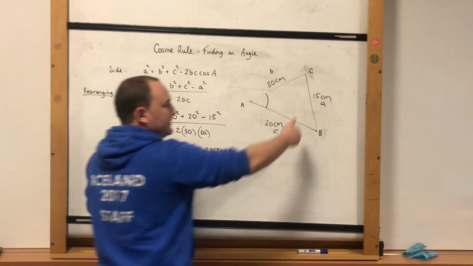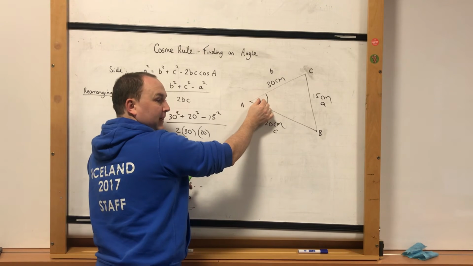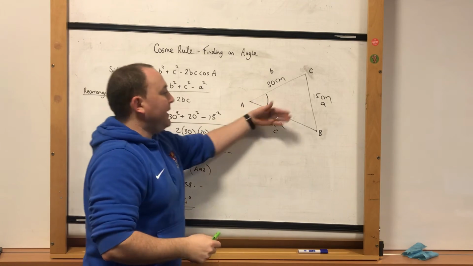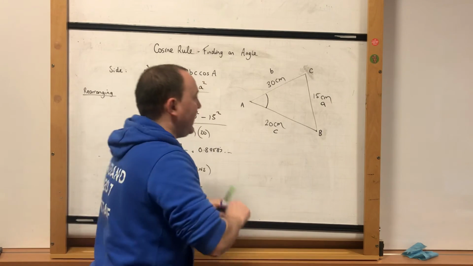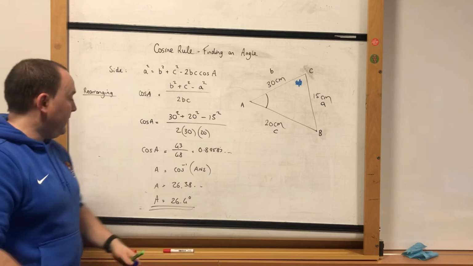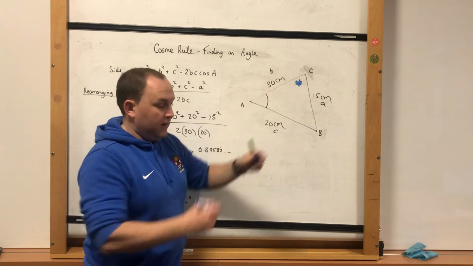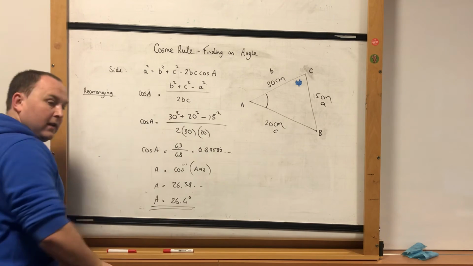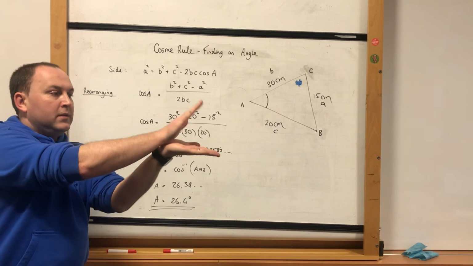Now, side note, think about these triangles. This is the shortest side, so that is the smallest angle. If you were then asked to find another angle, let's say you were asked to find here, later on in part B, that's going to be a bigger angle. Small side, small angle.